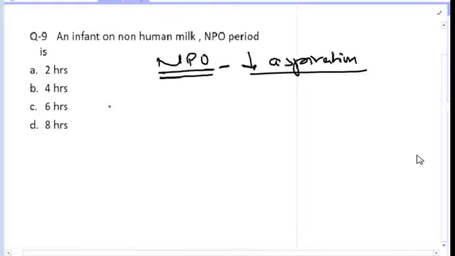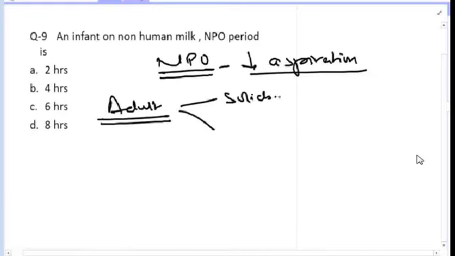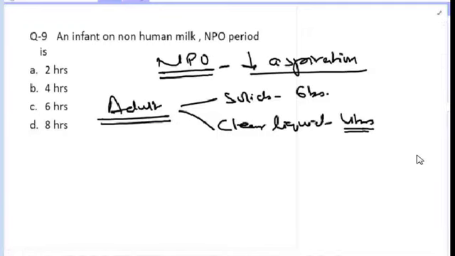In an adult patient, the nil per oral period for solids is 6 hours and for clear liquid is 4 hours. So the minimum nil per oral period in adults is 6 hours.